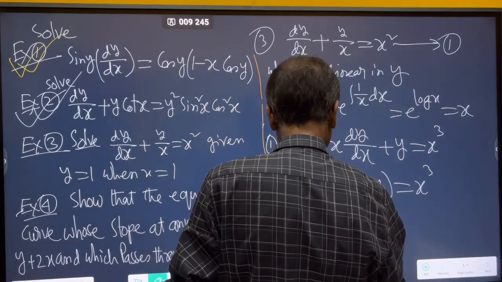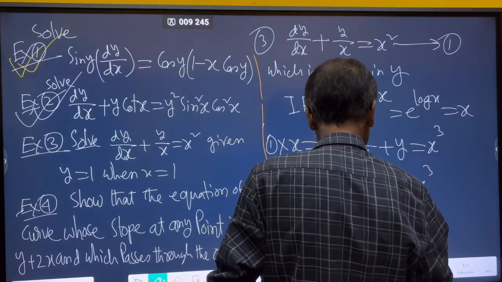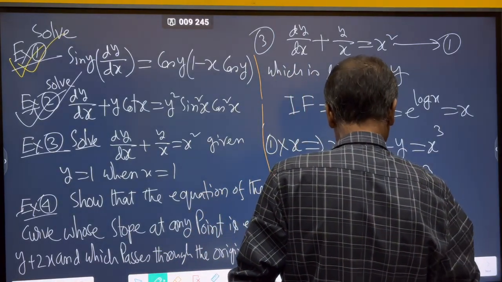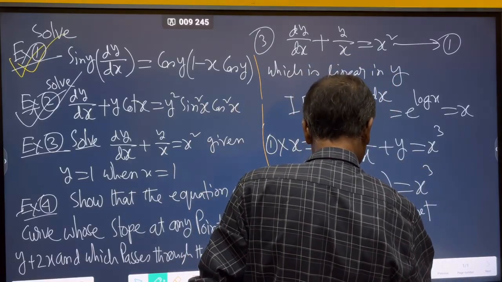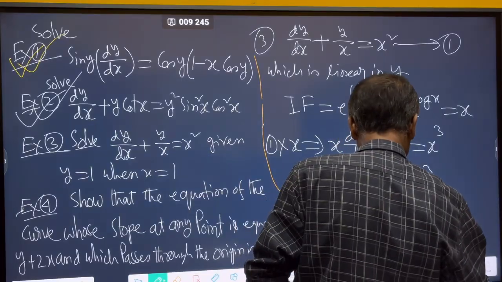Integrating we get xy equal to integration x cube dx plus c.